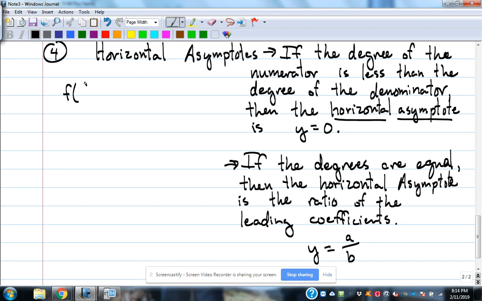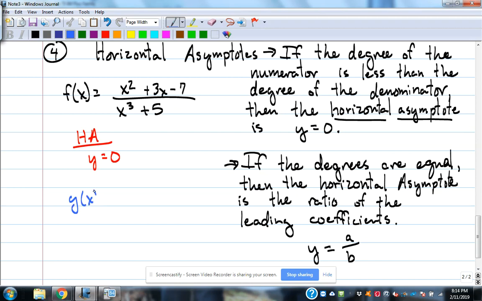Here's an example. F of x is equal to x squared plus 3x minus 7 over x cubed plus 5. That one has a horizontal asymptote at y equals 0. This function, g of x, is equal to 3x squared plus 5x minus 1 over 4x squared plus 9, has a horizontal asymptote at y equals 3/4.